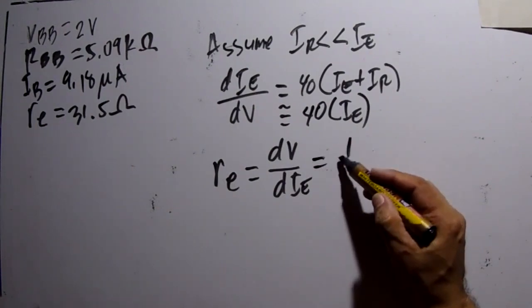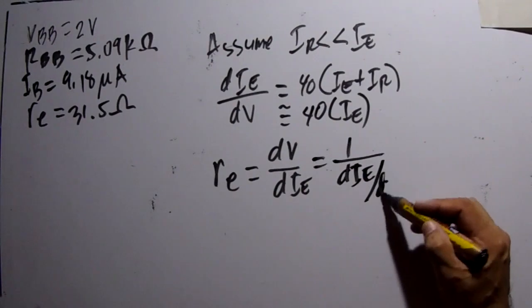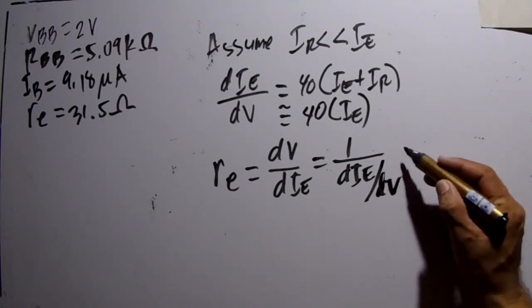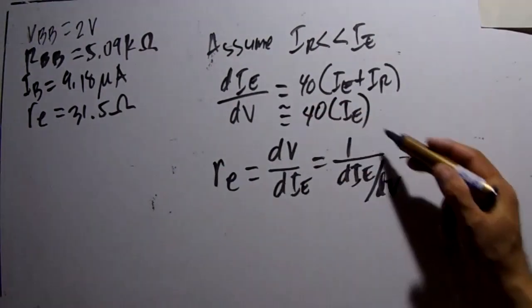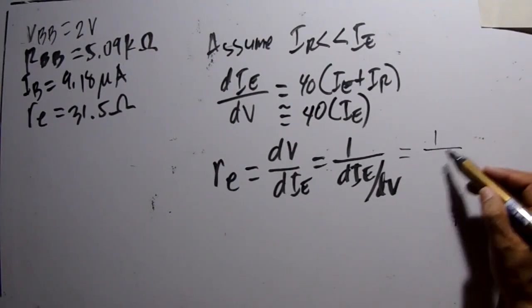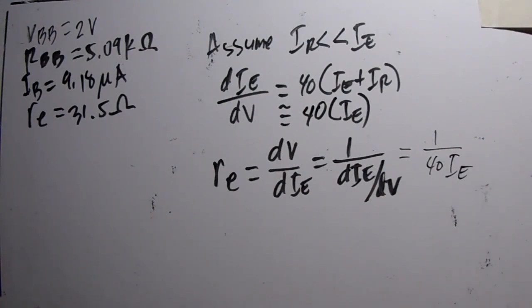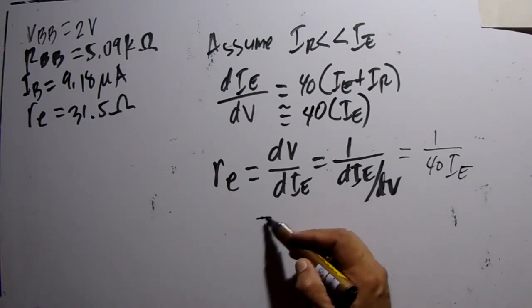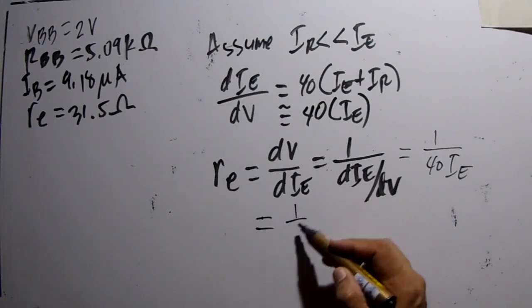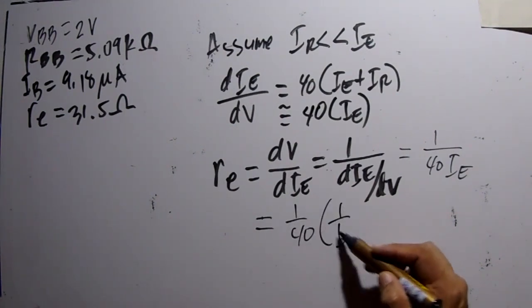So this is equal to 1 over dIE over dV. And if we substitute the value of 40 multiplied by IE, this is equal to 1 over 40 IE. And this leads us to 1 over 40 multiplied by 1 over IE.